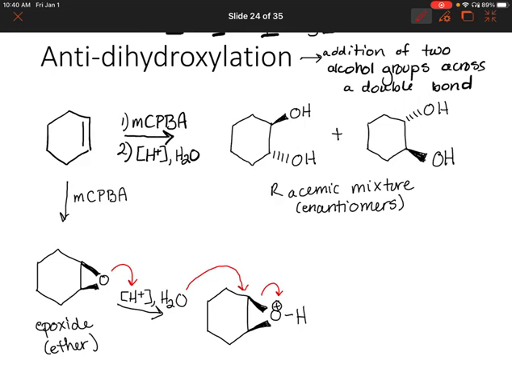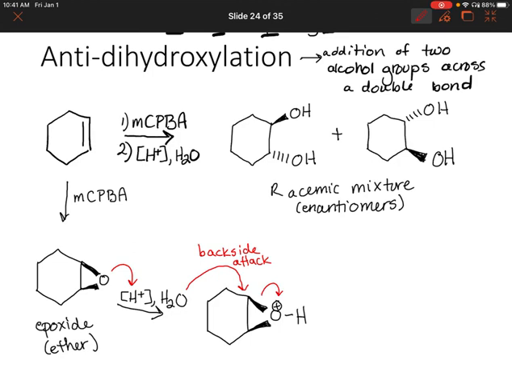Now, this does need to occur from behind the epoxide. So this is a backside attack, and that's why we end up with OH groups on opposite sides, because we just showed that the epoxide is above the plane of the ring, and that means that side's blocked.